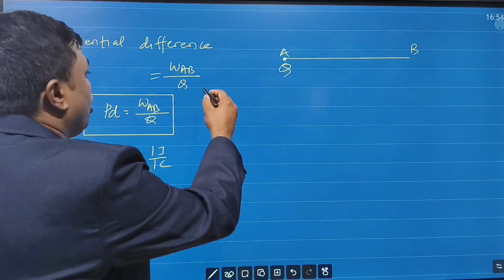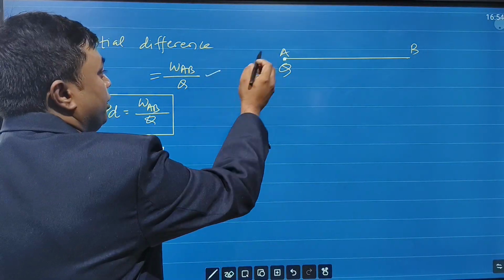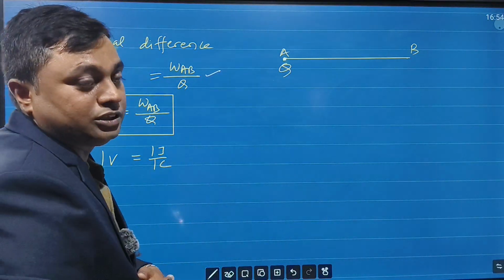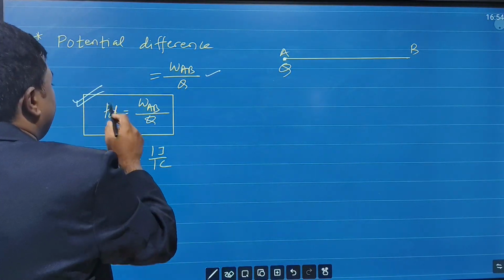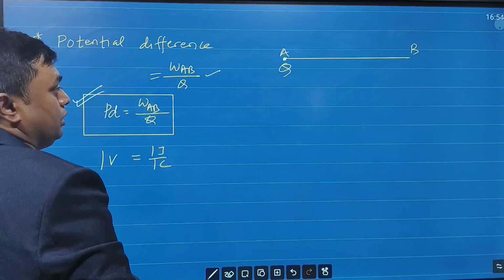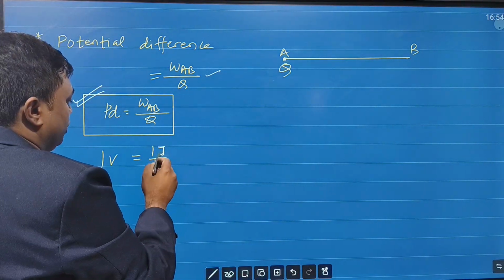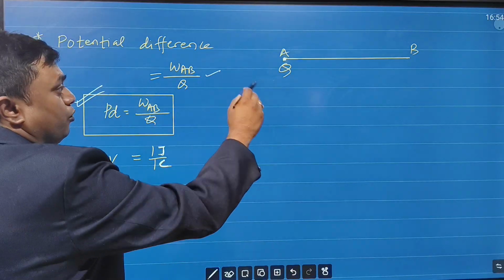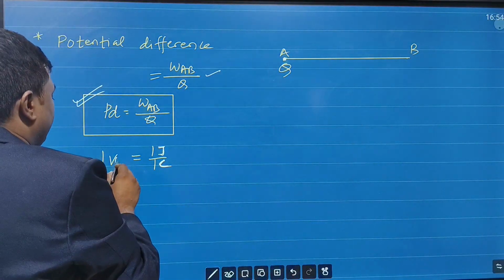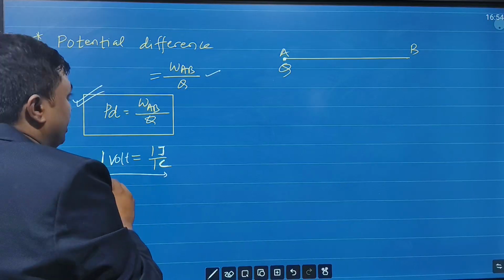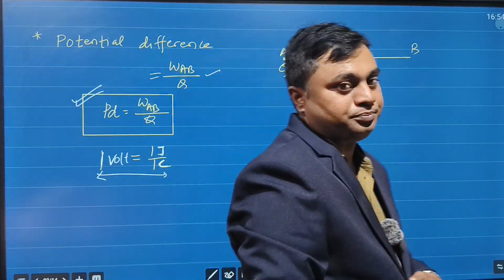That amount of work done to move a unit positive charge from one point to another point is said to be potential difference. So we can write potential difference is equal to W_AB by Q. The unit of work is joule and charge is coulomb. So if 1 joule of work is done to bring 1 coulomb of charge from one point to another point, then the potential difference is also said to be 1 volt. So the SI unit of potential difference is volt. Is it clear?